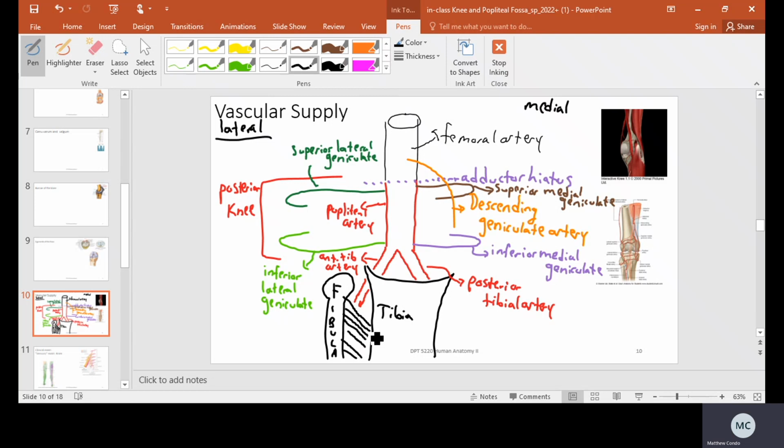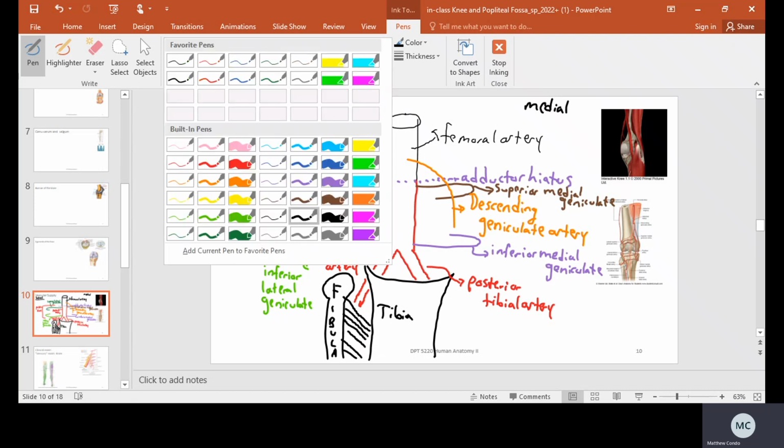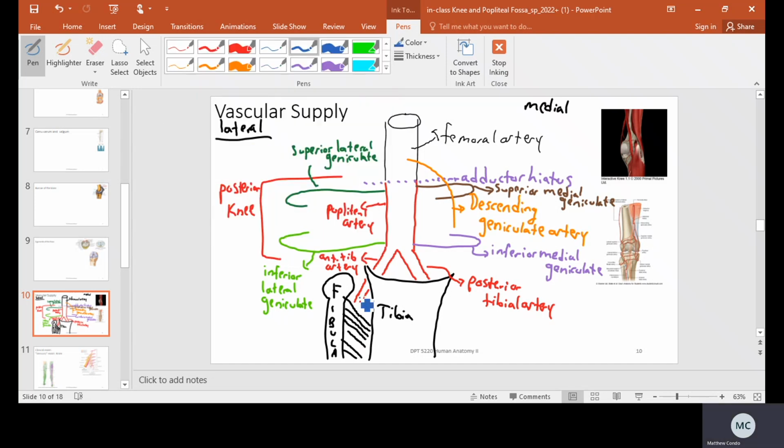My anterior tibial artery is going to give off a branch, and that branch is going to feed back towards the knee. And it's going to feed back in this big communicating system. And that's going to be called the recurrent geniculate.